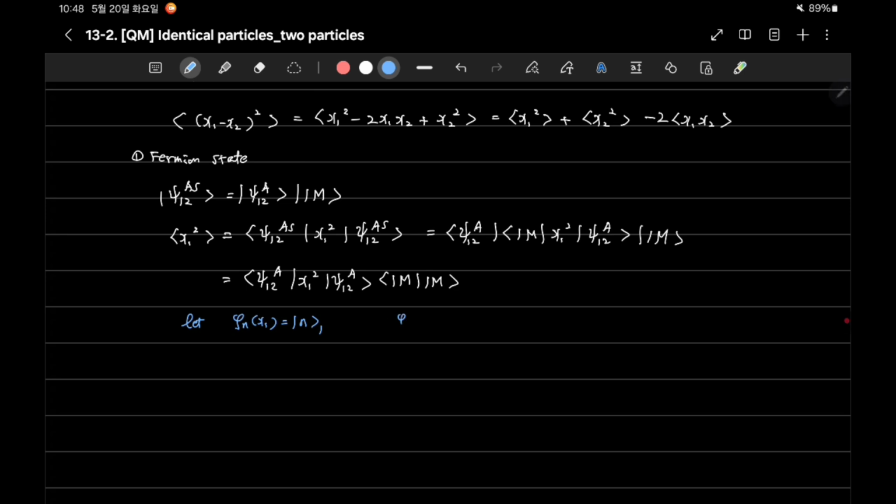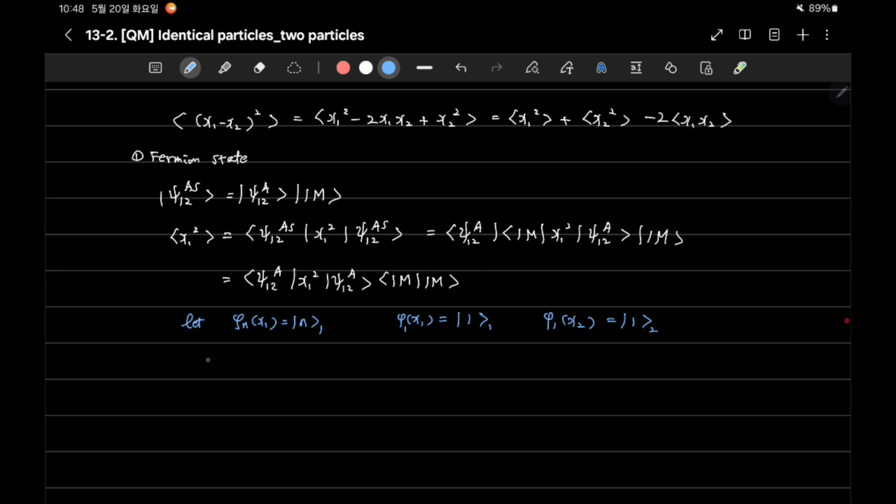For example, the first particle, one particle at x1, has quantum number 1. Denote that one at x1 with quantum number 1, and whether at x2 with quantum number 2, for example.